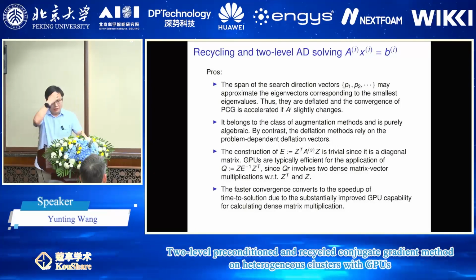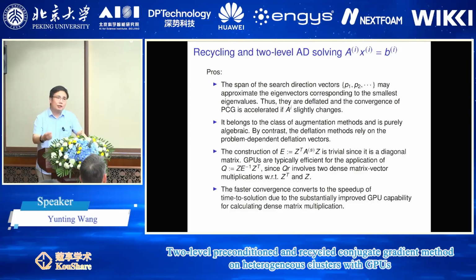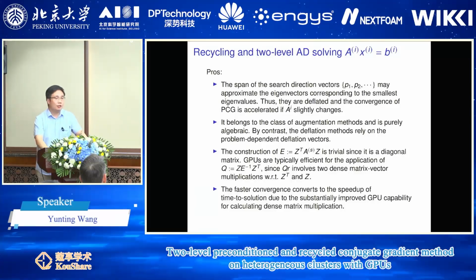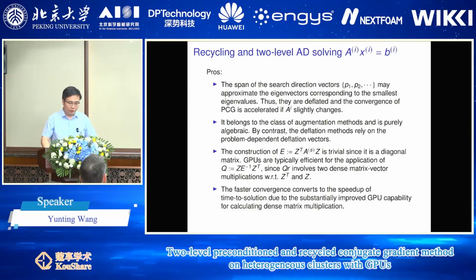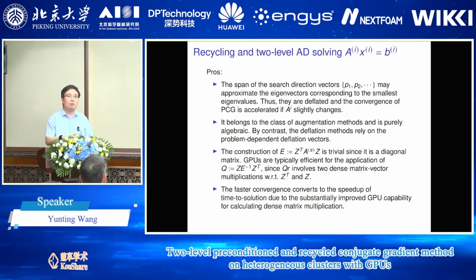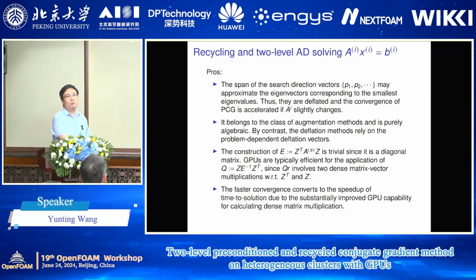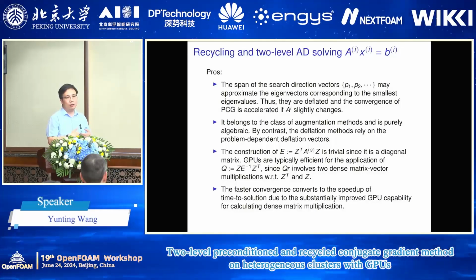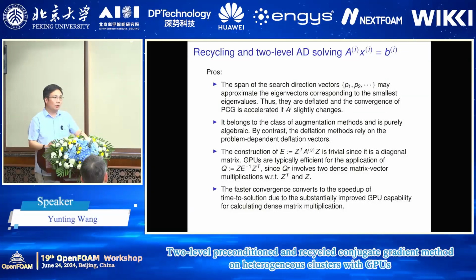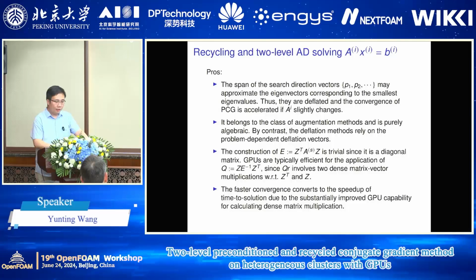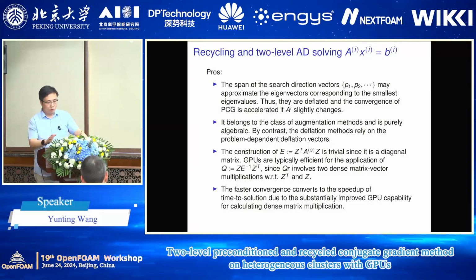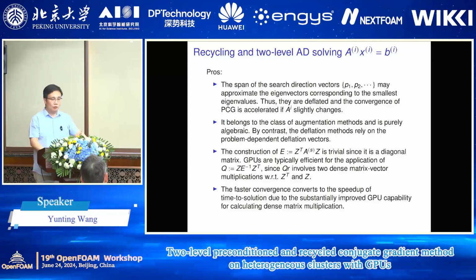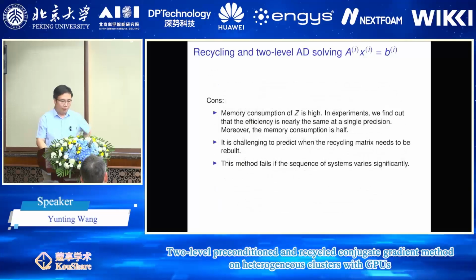However, in GPUs, this can be done very efficiently. That's a balance point, because we have extra computation cost, but it can be executed very efficiently on modern GPUs. And then the faster convergence can translate into a speedup of the total solution time.